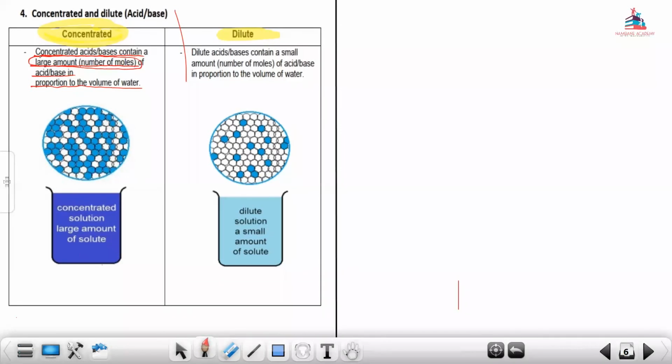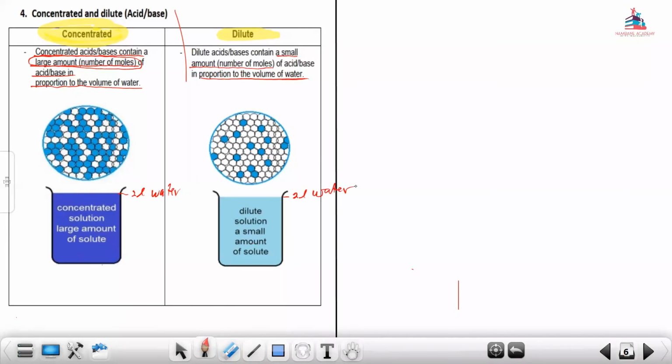If I look at a dilute substance, acid or base, it contains a small number of moles in proportion to water. So if this is my 2 liters of water, and this is my 2 liters of water, the water is the same throughout.